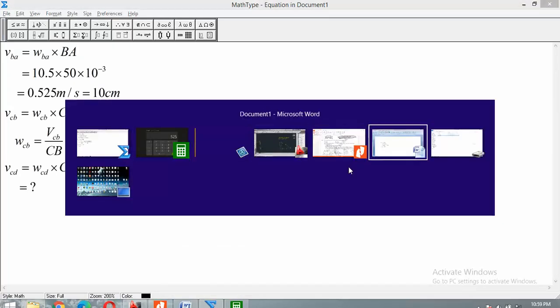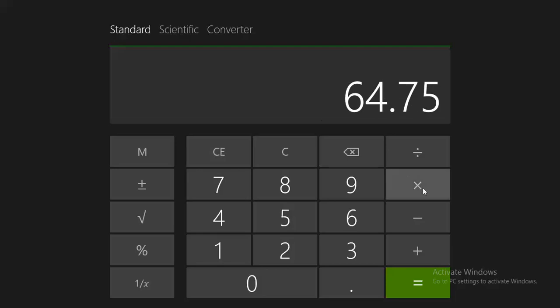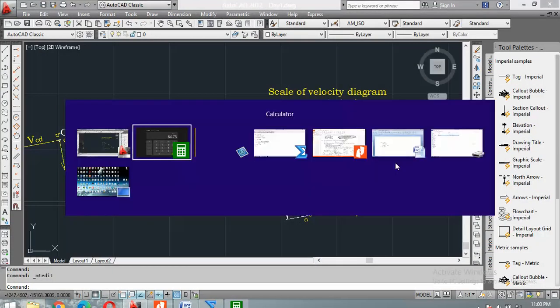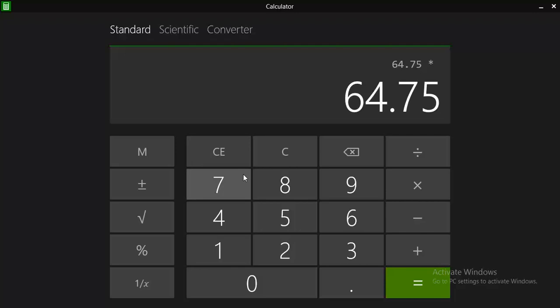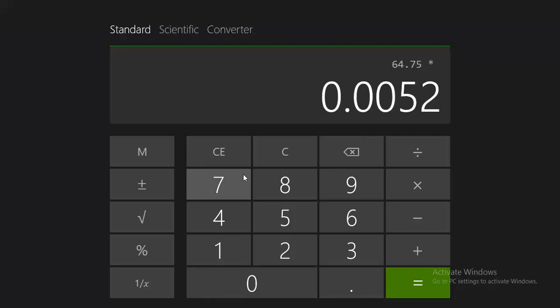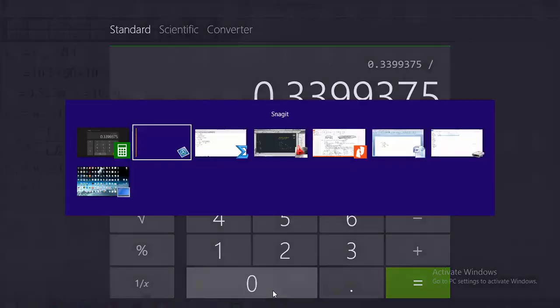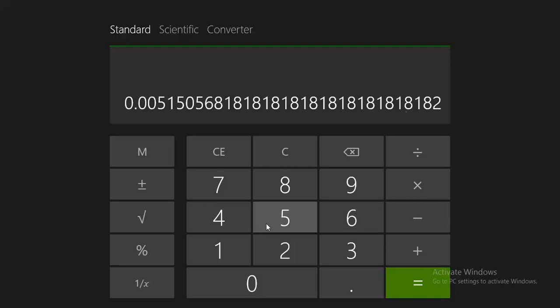64.75 multiply by, sorry, 0.00525, divided by 66, okay, that is 0.0052.